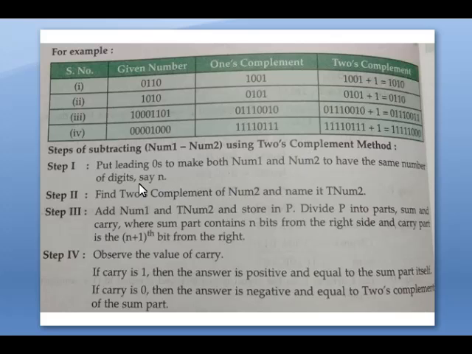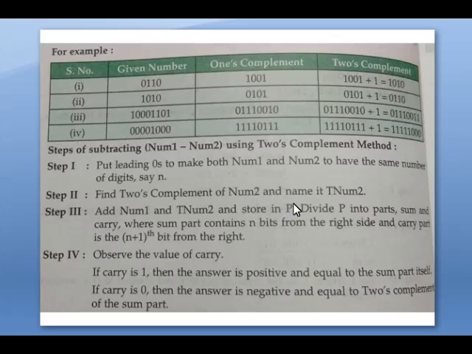Put leading zeros, which means we have to make number 1 and number 2 have equal digits. If some digits are missing, in the leading part you have to put zeros. Next, find the 2's complement of number 2. How will you find it? First take the number and find the 1's complement. Again with the 1's complement you have to add 1, that is called the 2's complement.